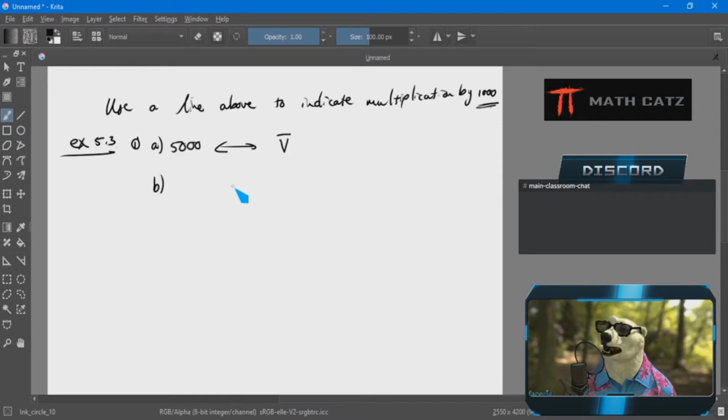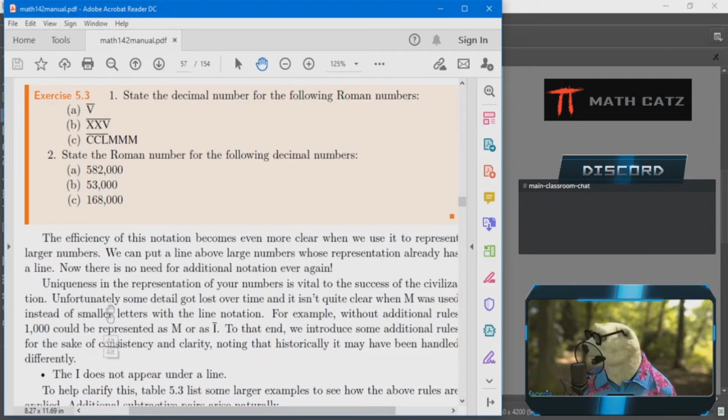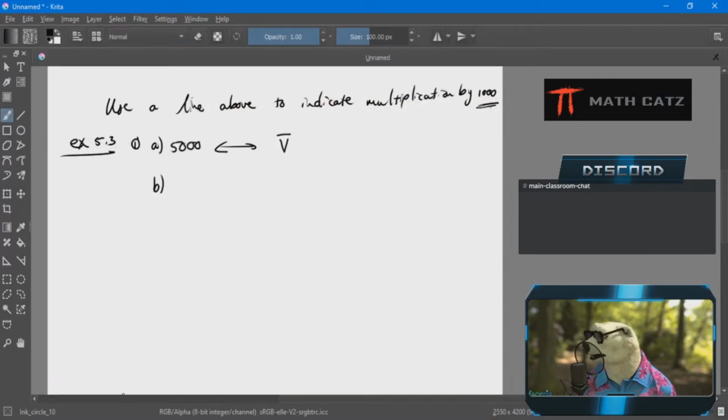So now it's just a matter of getting used to this extra rule or system or component that allows me to represent and work with larger numbers. The essence of the system doesn't change, as we'll soon see. XXV, all with a line over it.